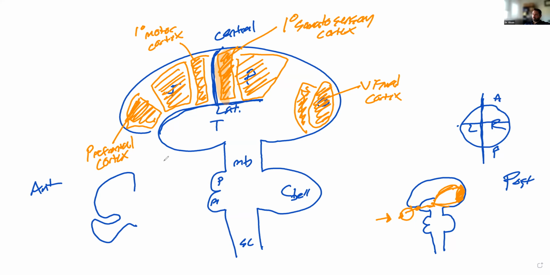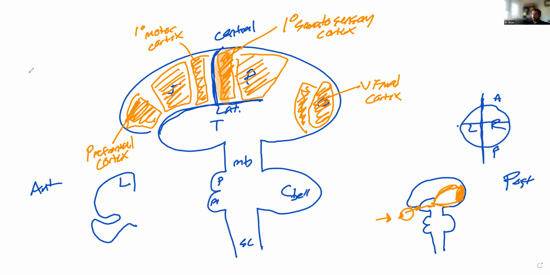Okay, so let's just do a half here. Let's say that this is your left side of the brain. Remember, we talked about the left side being very specialized in language skills, reading, writing, and so forth, right? So we have some specialized areas of cortex as well.